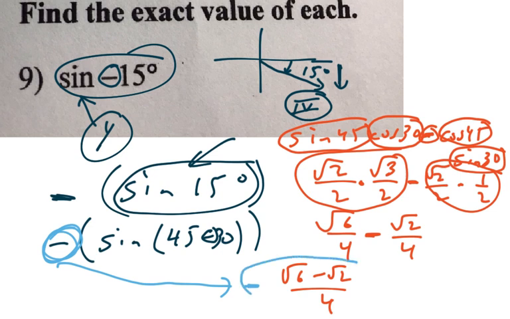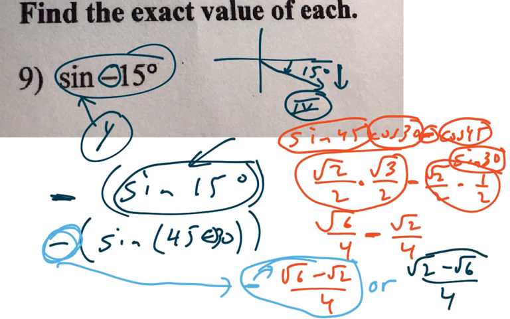So it's the negative of square root 6 minus square root 2 over 4. If we distribute this negative, we will get square root 2 minus square root 6 over 4, because the square root 6 will become negative and the square root 2 becomes positive when I distribute this negative, right? And so hopefully that one makes sense to you.